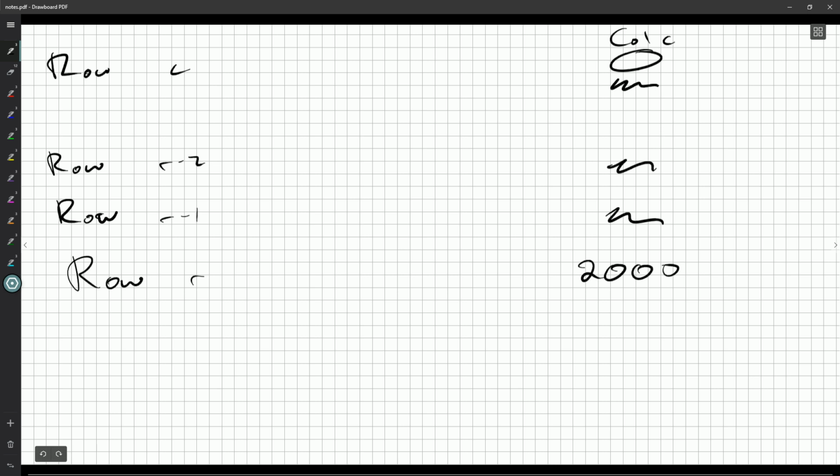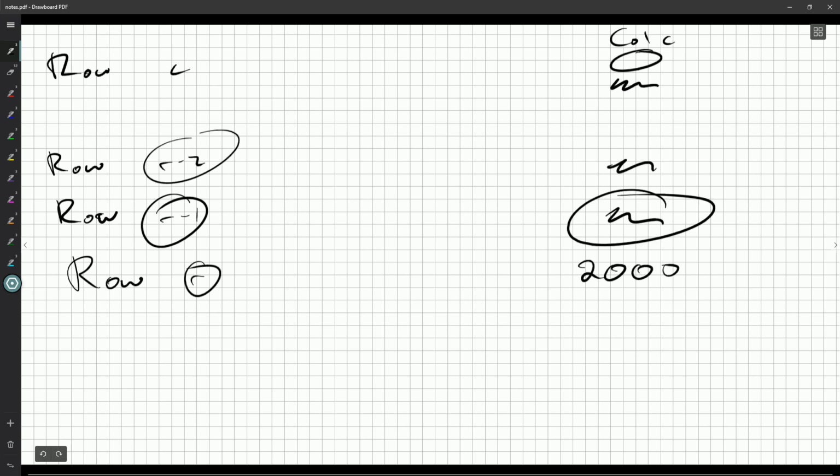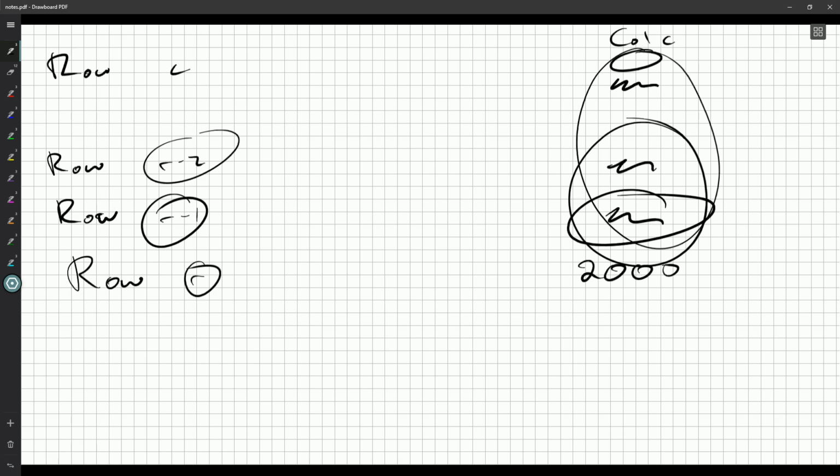It's blank above it. The difference between R and R minus 1 is 1, and there's 1 number above 2,000. The difference between R and R minus 2 is 2, and there's 2 numbers above it. So R minus C tells me the numbers above 2,000. All I need to know is what row is 2,000 in and what column is it in.